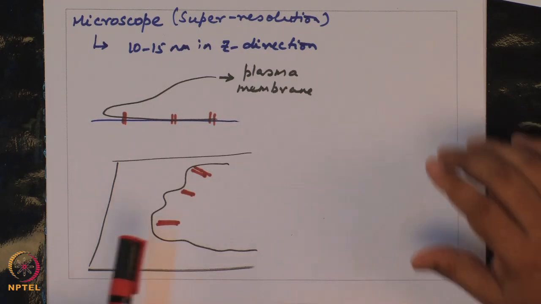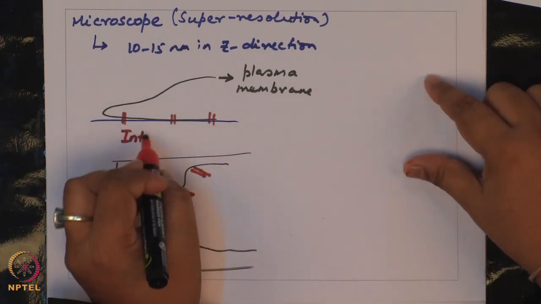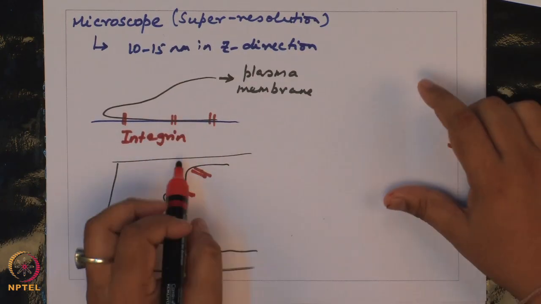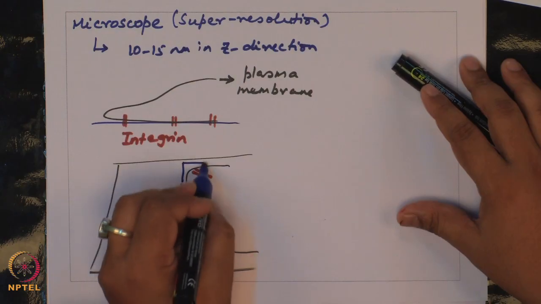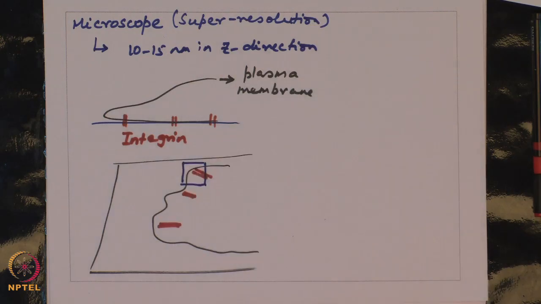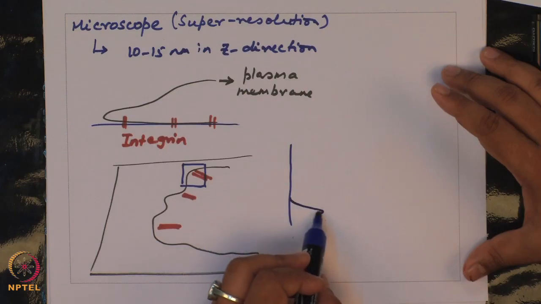Okay. If we have fluorescently labeled integrin, and we take a small box here and ask how the integrin signal is distributed along the z direction, then if I draw this as the z direction, you would get a distribution.